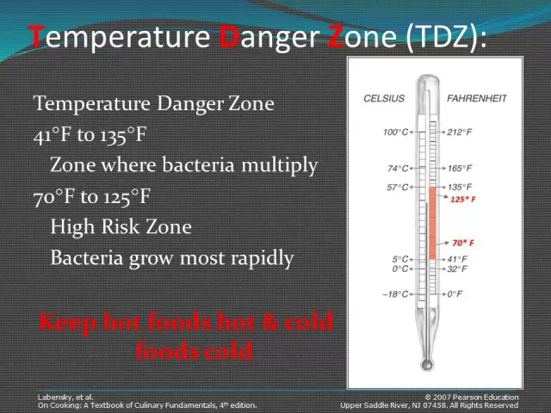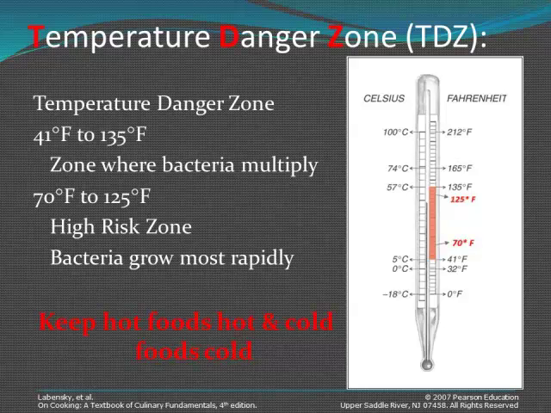And what that means is anywhere between 41 to 135, you do not want food sitting in that temperature range for very long. You want to get it up and through and out above 135, or down and through below 41 to keep it as safe as possible. What I want you to also recognize is that that's where the bacteria will multiply.